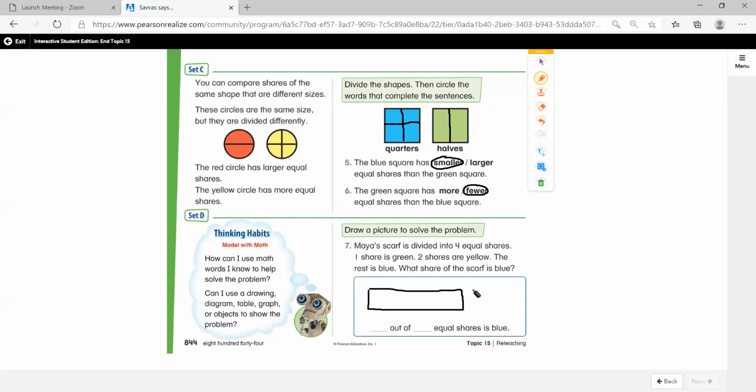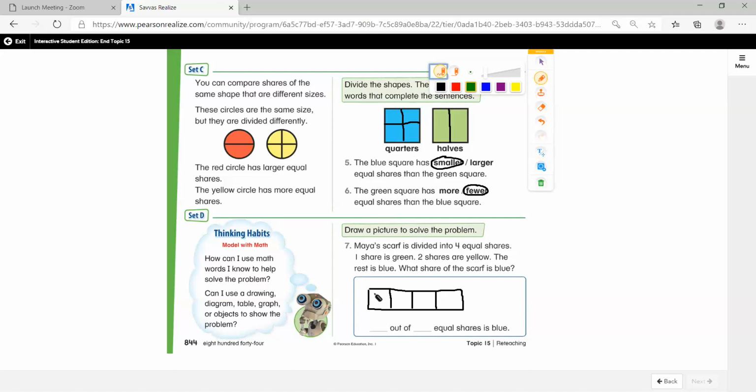Now her scarf is divided into 4 equal shares. So I'm going to cut my scarf into 4 pieces that are the same size. Next, it says 1 share is green.